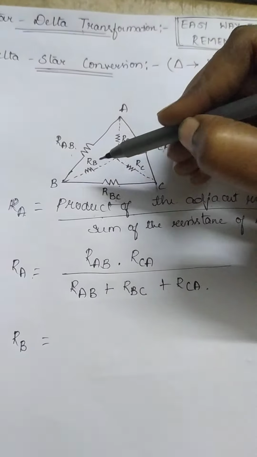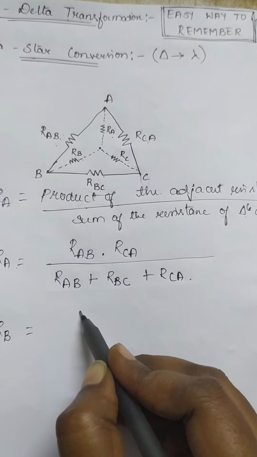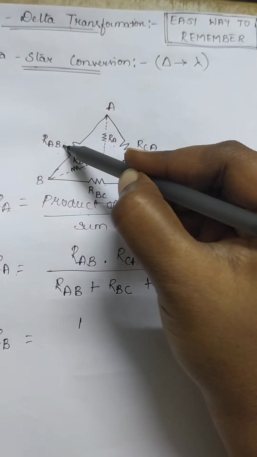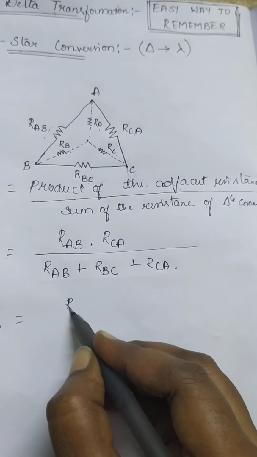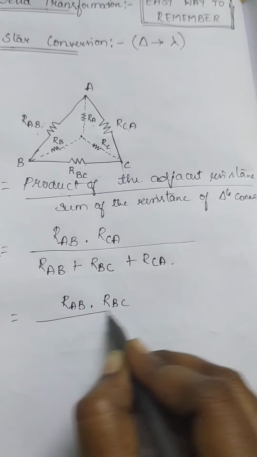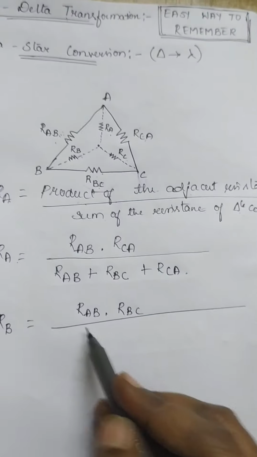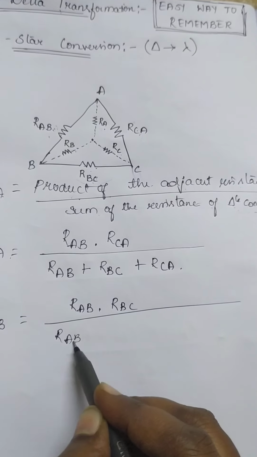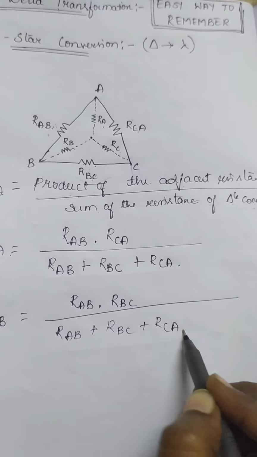The product of the adjacent resistances is RAB into RBC, divided by the sum of the total resistance of the delta connection, RAB plus RBC plus RCA.